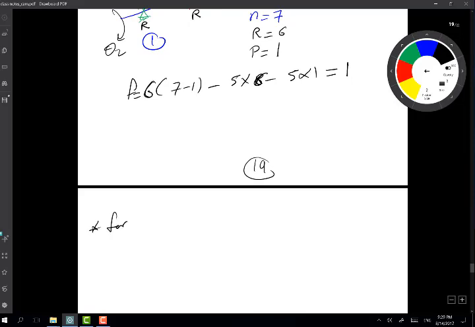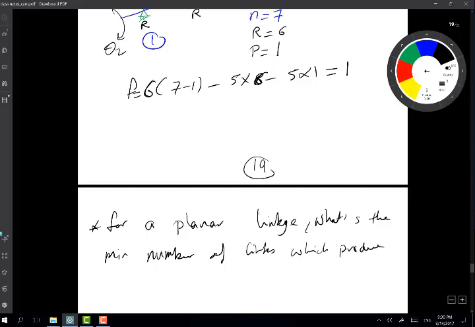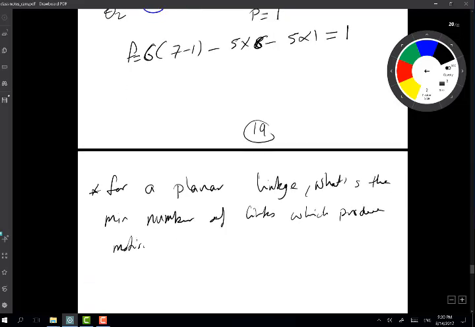For a planar linkage, what is the minimum number of links which produce motion without the use of a higher pair? That's a question that people always ask, because it's a design question.